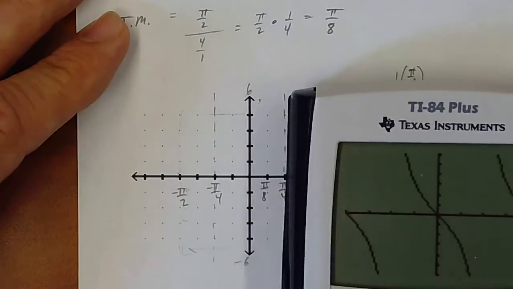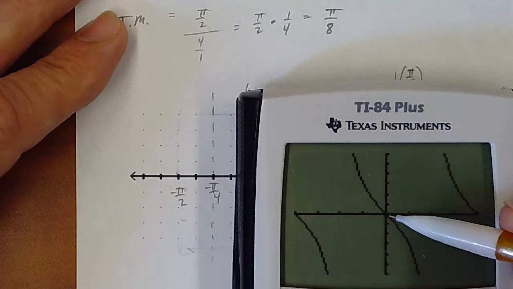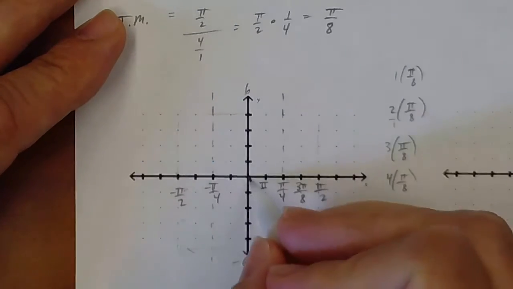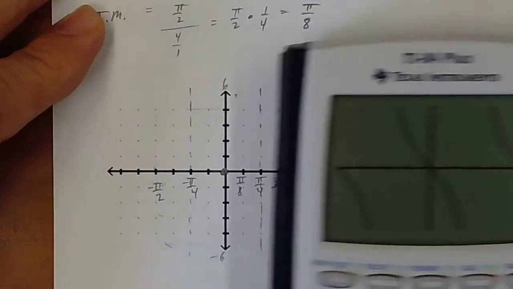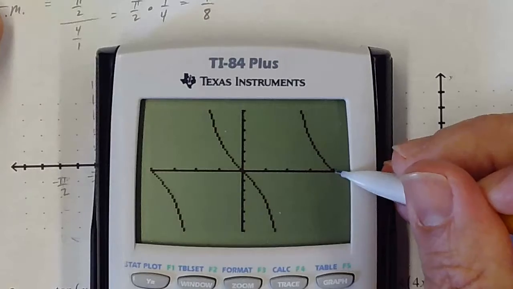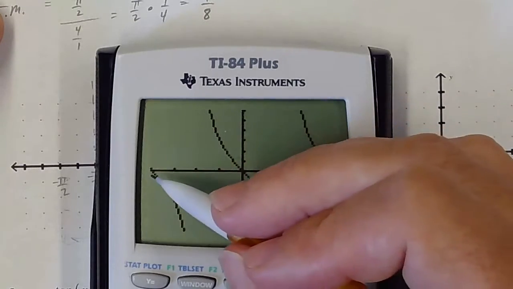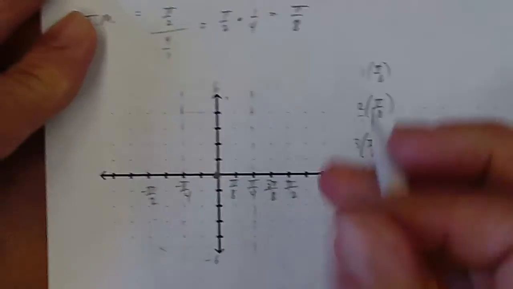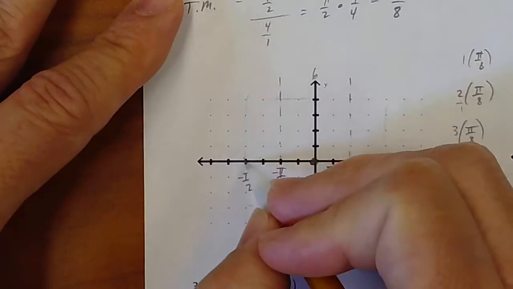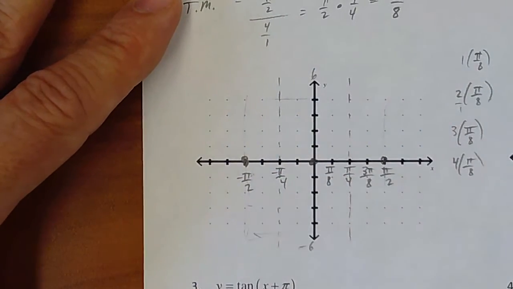I do have 3 x-intercepts on here, right there at the origin. That'd be a good one to plot, make it nice and big so you can see it. And then at this last tick mark I have an x-intercept, and I have one over here. So just copy those key points that my graph should definitely include.